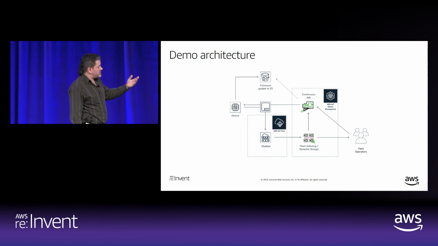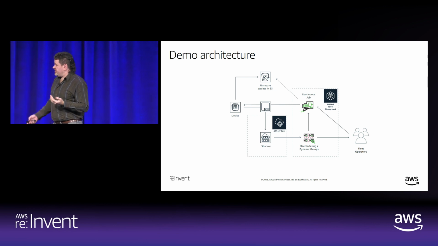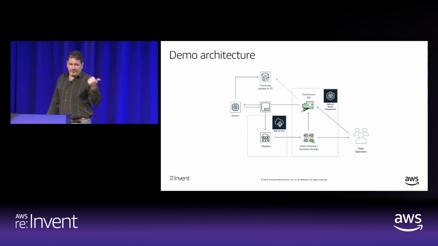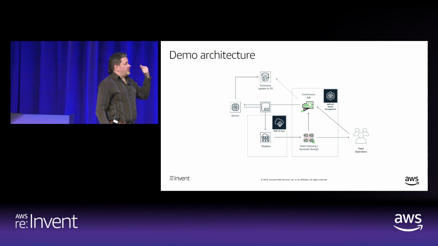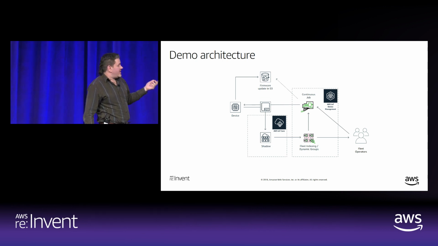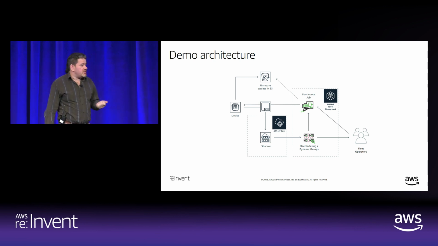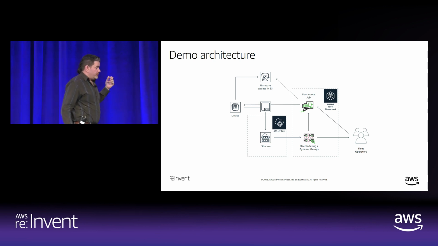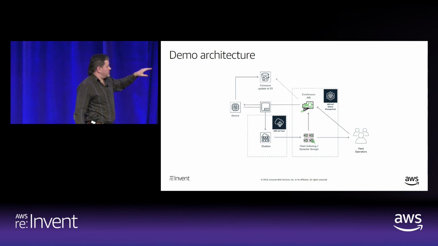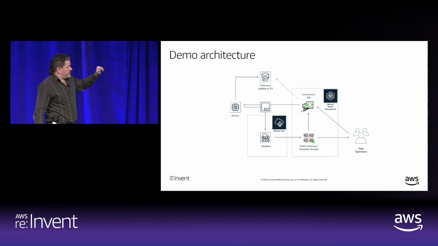And we use fleet indexing to pick up the devices that are ready to update, which means that they are on the old horse firmware version, they are currently connected, and they're of the correct device type. Then we will run a continuous job to push the firmware update to our fleet of devices.